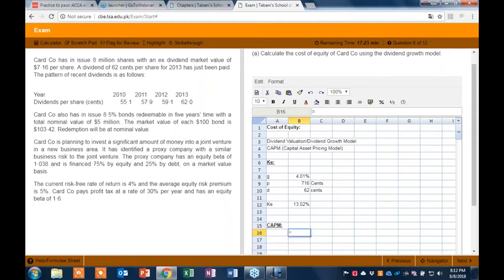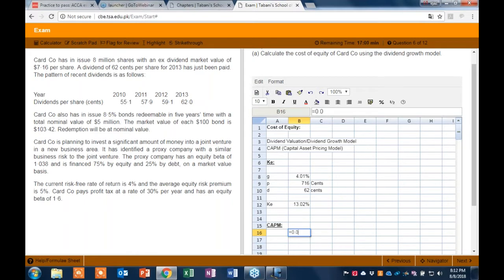So in a CAPM model, we'll have to take risk-free rate of return, which is 4%, 0.04, plus equity beta, 1.038, multiplied with the market risk premium, equity risk premium, which is 5%.